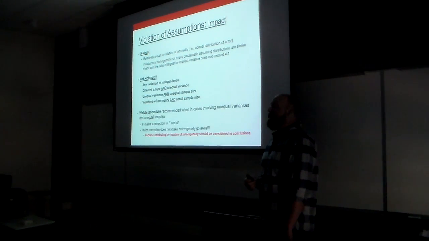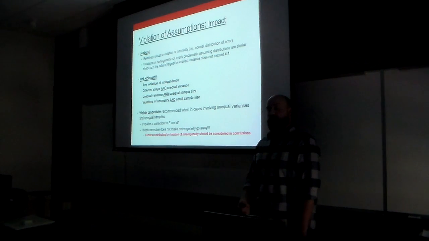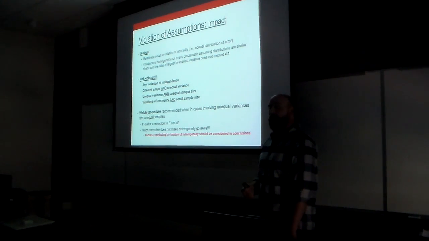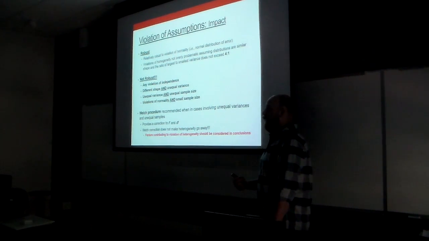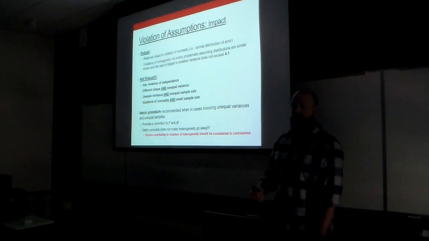Just like with our t-tests, our means-based tests are fairly robust to a lot of different types of violations. Where we start to get into trouble is when we start doubling down on violations.